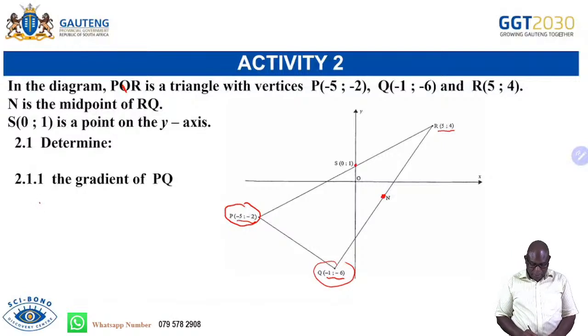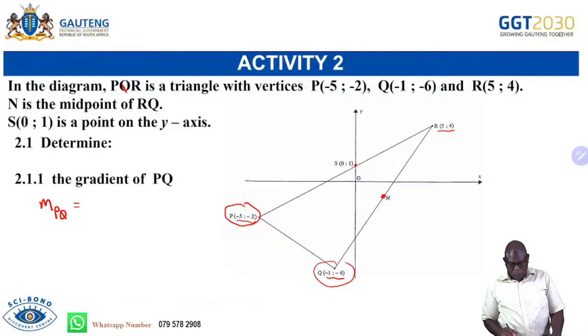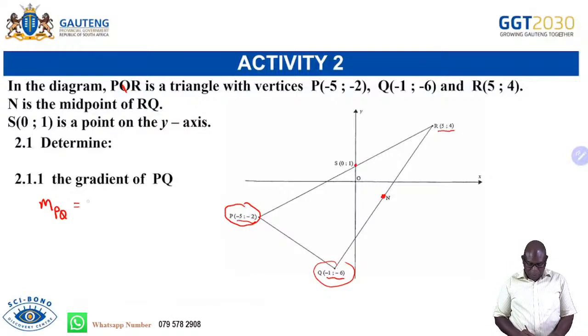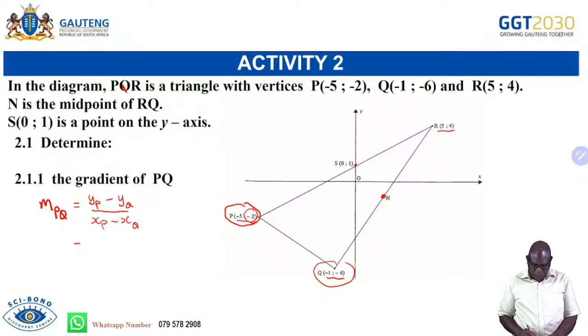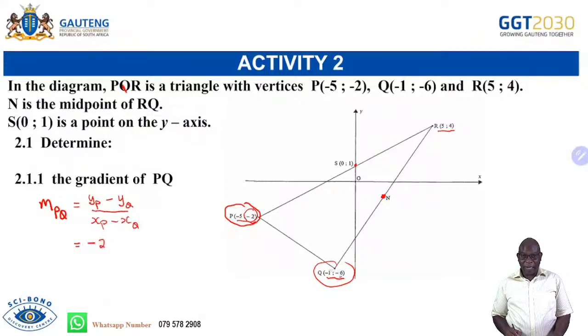So I'll write m, gradient of PQ equals y at P minus y at Q divided by x at P minus x at Q. So what does this mean? It means I need the y value at P. So the y value at P is minus 2. The y value at Q is minus 6.